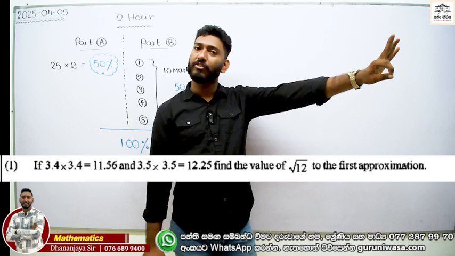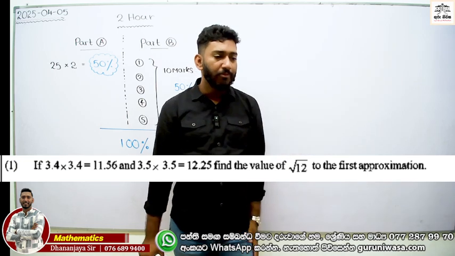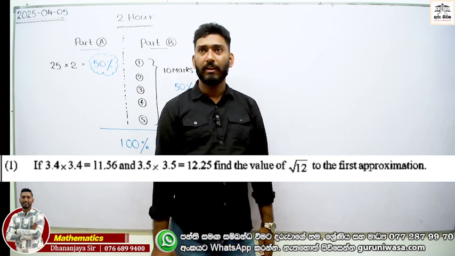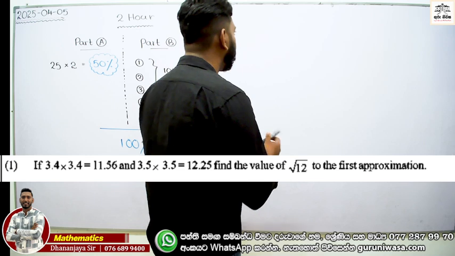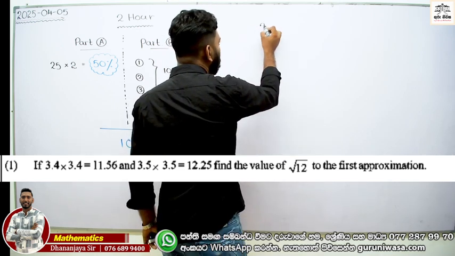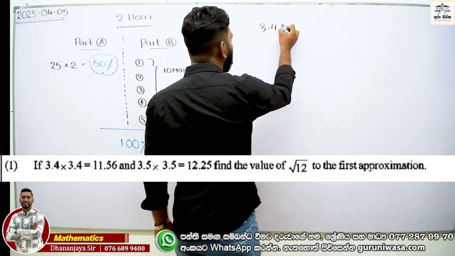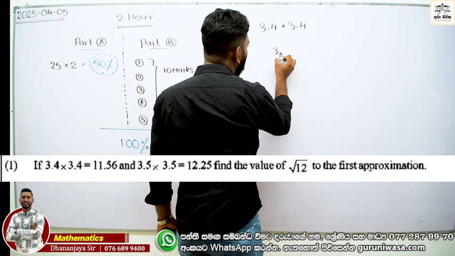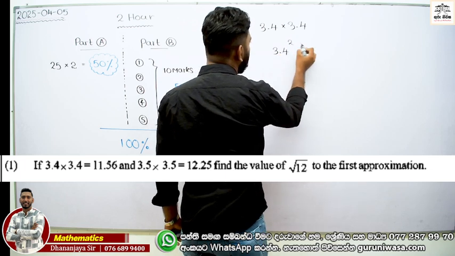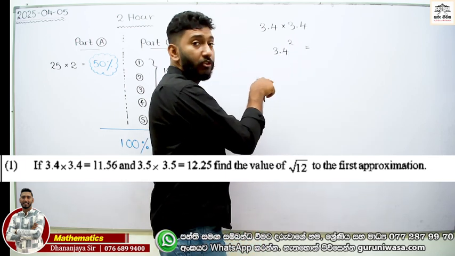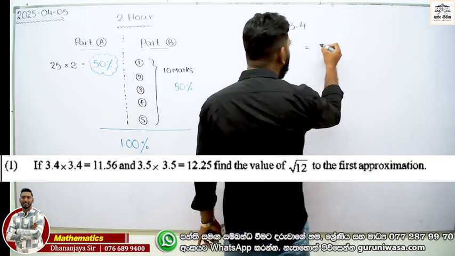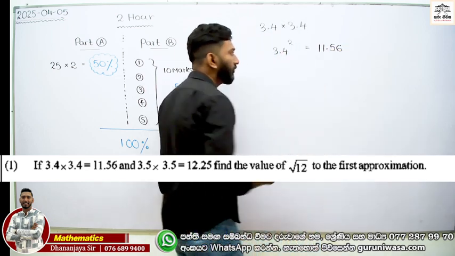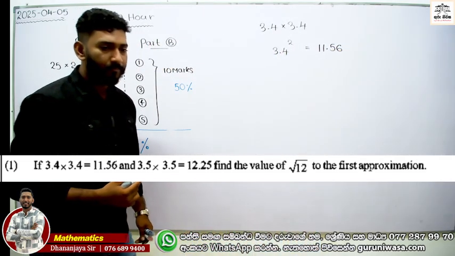If 3.4 into 3.4 becomes 11.56, now listen. You know 3.4 into 3.4 means 3.4 to the power of 2, and this should be equal to 11.56.